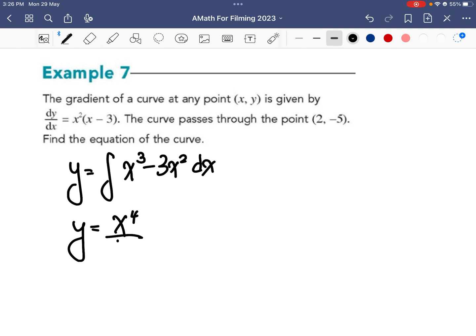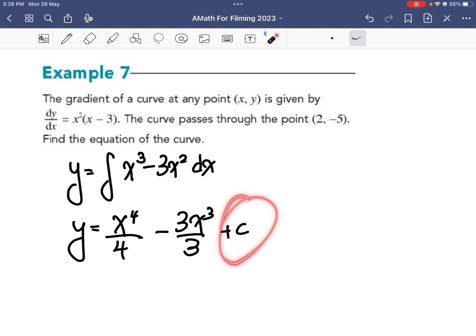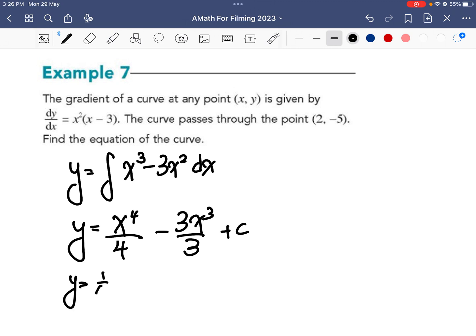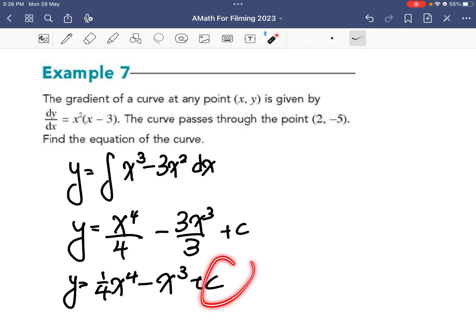What I did here was I simplified this. So now my y equals x to the power of 4 divided by 4 minus 3x cubed over 3 plus c. Don't forget this constant plus c. So y equals 1/4 x to the power of 4 minus x cubed plus c. Notice that we still have a constant c. How do we find this constant c? They gave us this where the x value is 2, the y value is negative 5.